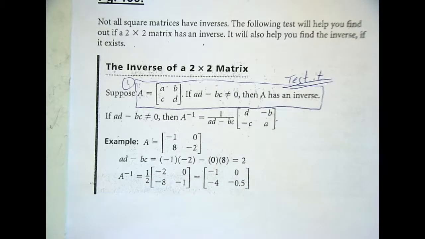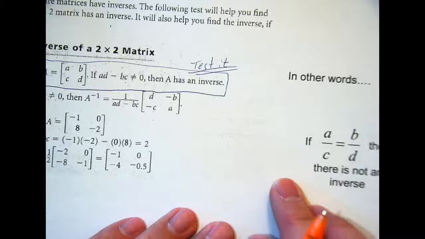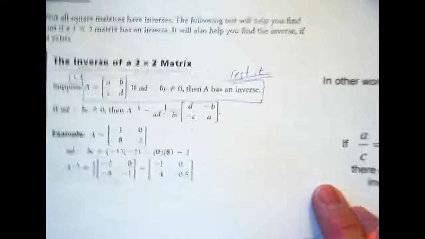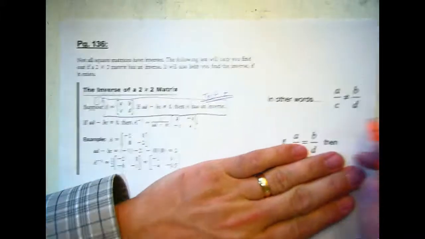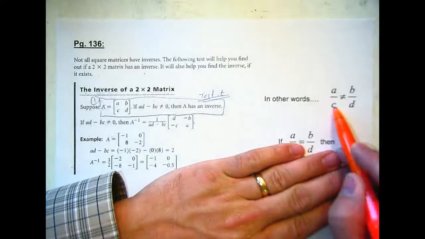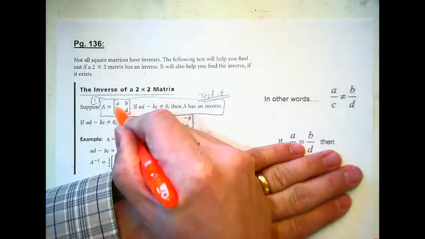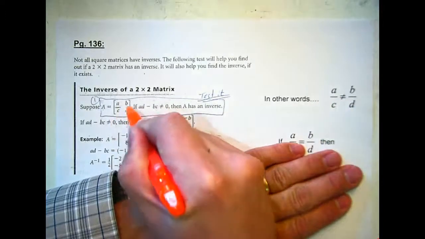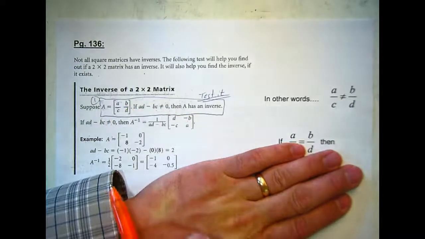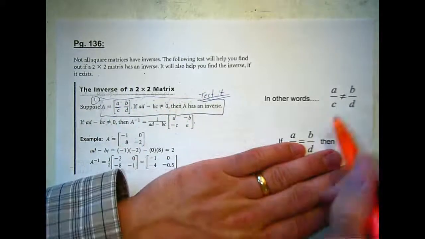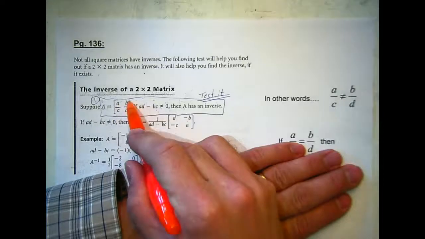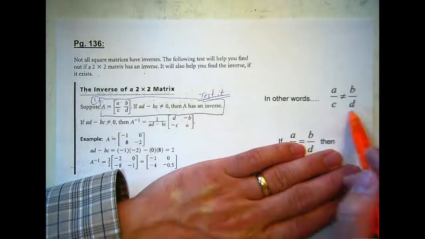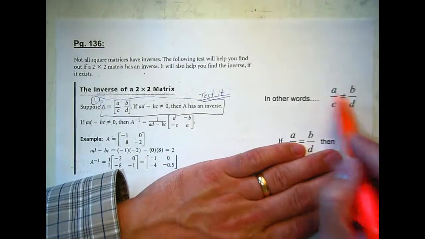It's really easy. The way I like to think of it is, if I'm focusing on the top part, if I look at A and C, and make this into a fraction, and that into a fraction, A over C better not equal B over D. Because if A over C equals B over D, then, cross multiplying, AD equals CB.